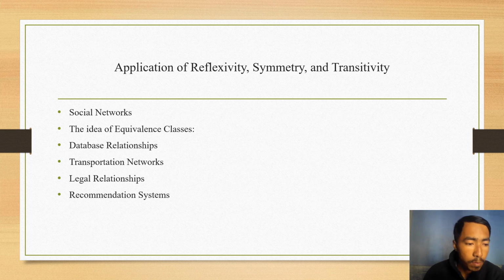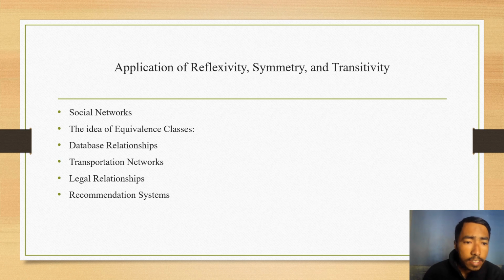Symmetric says that if two students fall into the same grade, they are interchangeable. Transitive adds the deduction that if student A is in the same grade as B and B is in the same grade as C, then A will also be in the same grade as C.